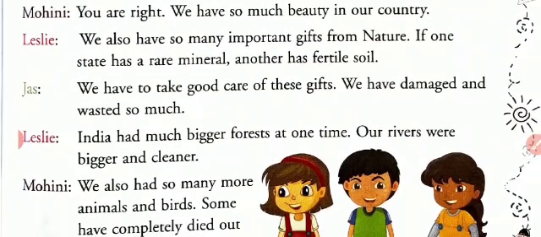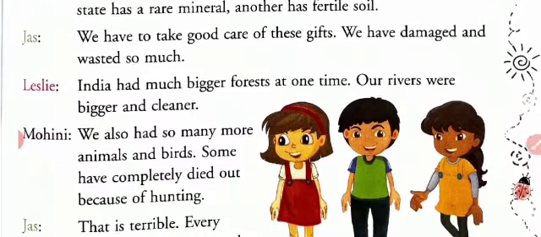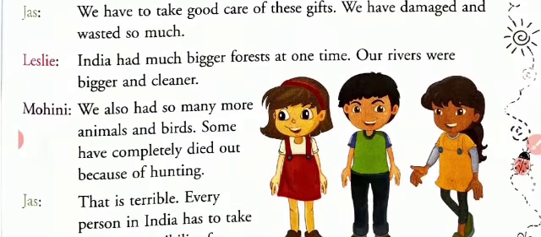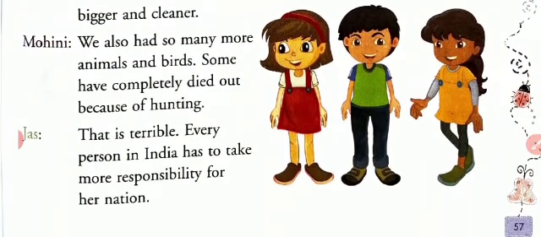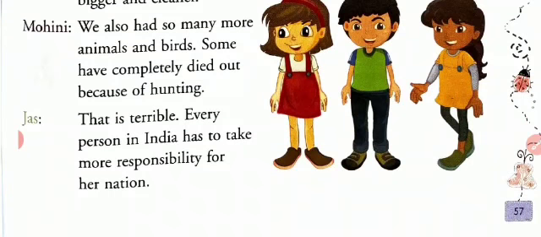We have damaged and wasted so much. Leslie: India had much bigger forests at one time. Our rivers were bigger and cleaner. Mohini: We also had so many more animals and birds. Some have completely died out because of hunting. Jazz: That is terrible.